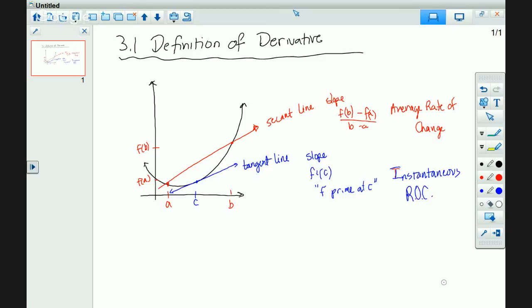So you can compare that kind of to your average speed going to Denver, driving. 90 miles an hour. So average speed versus when does the cop clock you at 105 in the canyon. Okay, instantaneous versus average rate of change.